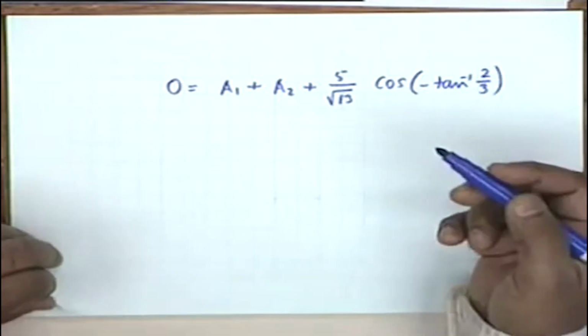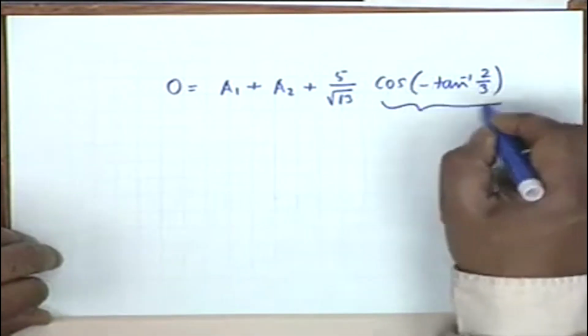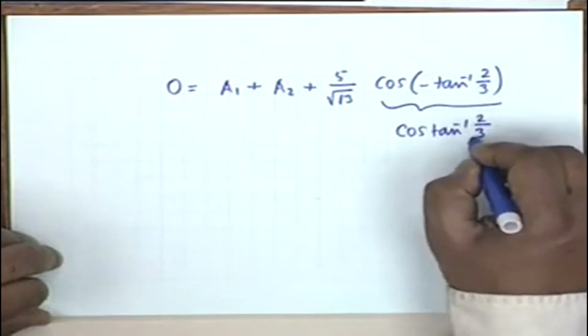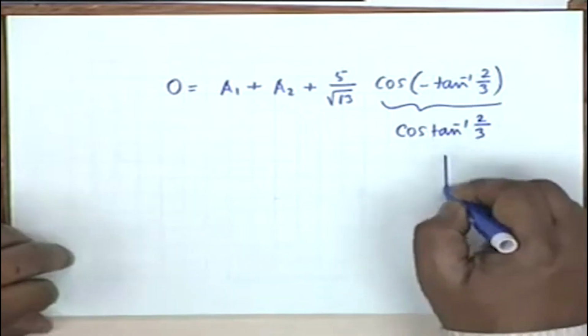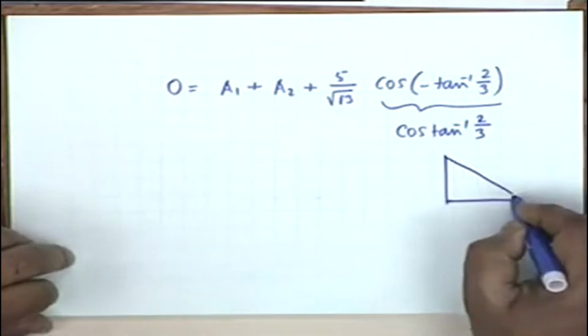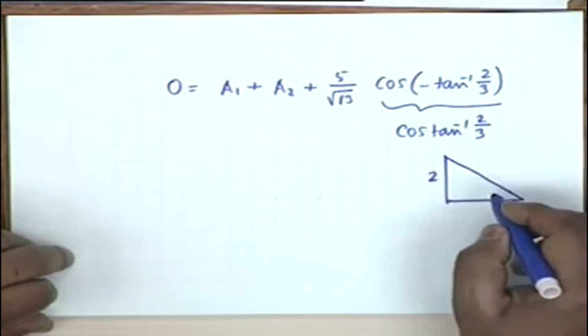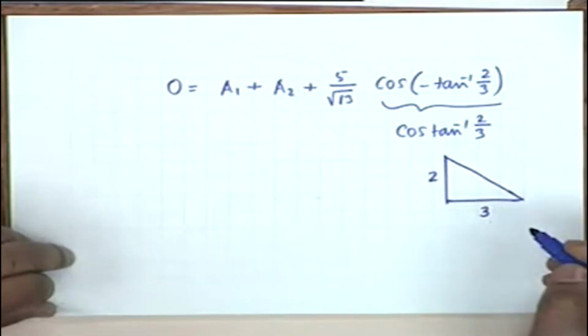Now cosine of a negative angle is the same as cosine of the positive angle, so it is cosine of tan inverse 2 by 3, and without consulting a table you know how to find the cosine of a tan inverse. Tan inverse means this side is 2 and this is 3, right?